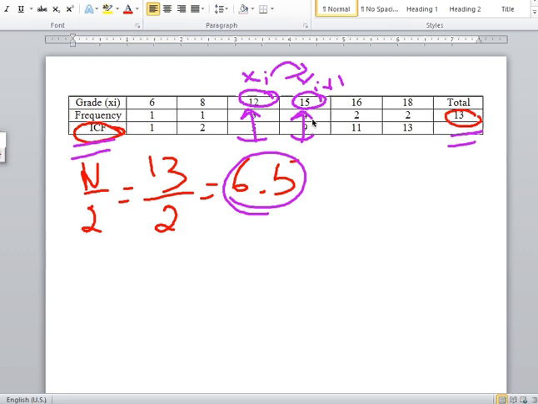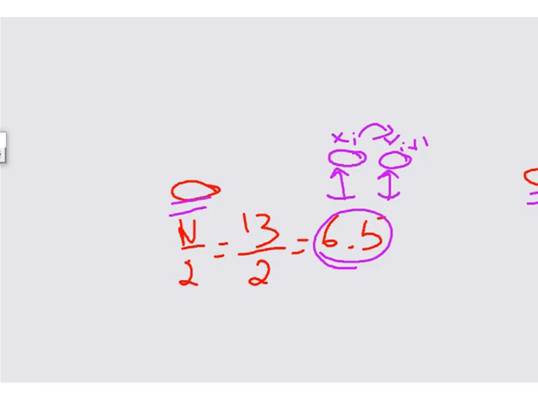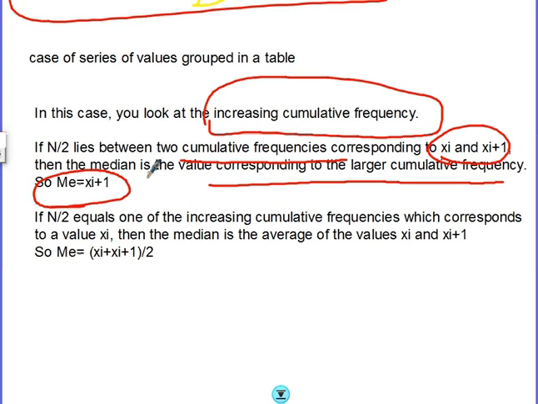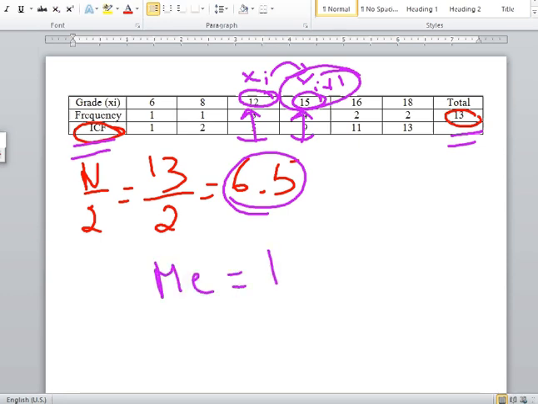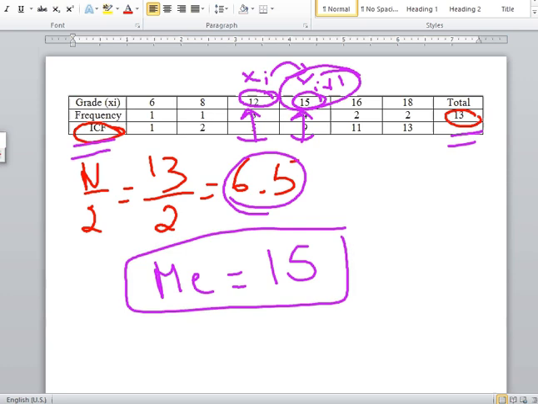Then, as we said here, the median is the value corresponding to the larger cumulative frequency, so the median is xi plus 1, so here the median is 15. This is xi plus 1, 15, so the median here is equal to 15. You take the largest one, not 12, you take 15. So here is the case where n over 2 lies between two numbers.